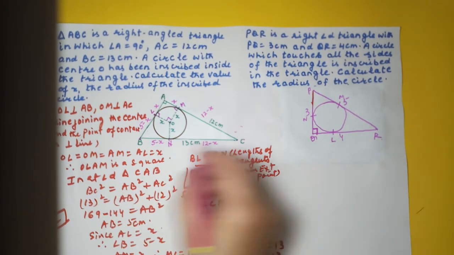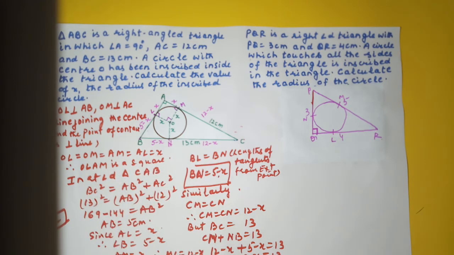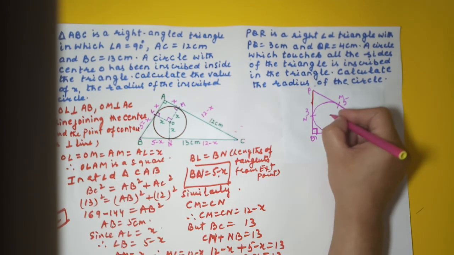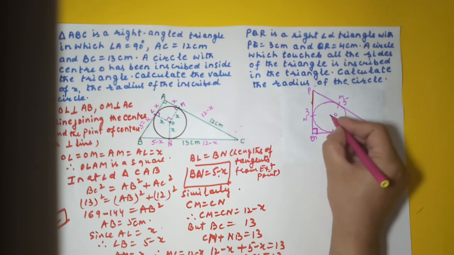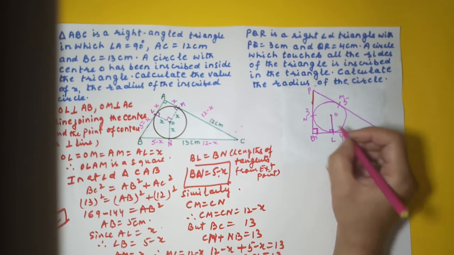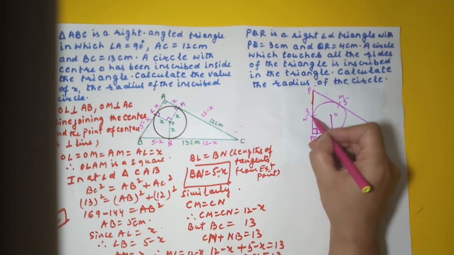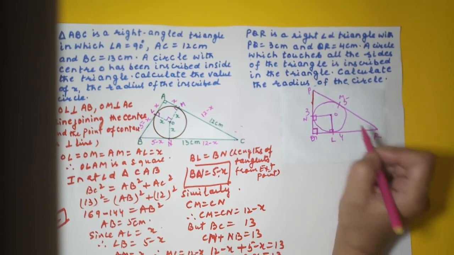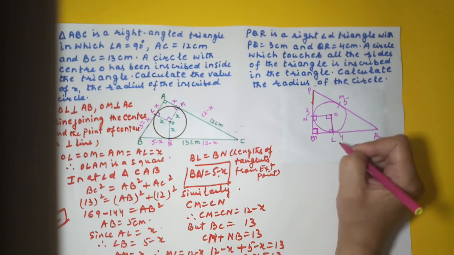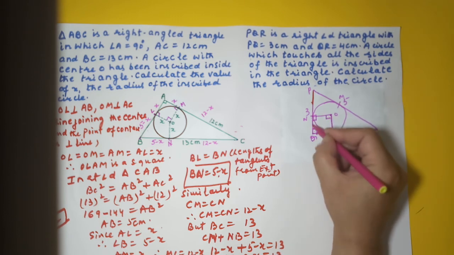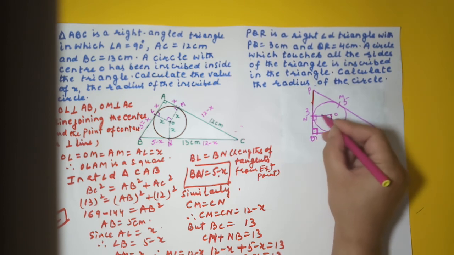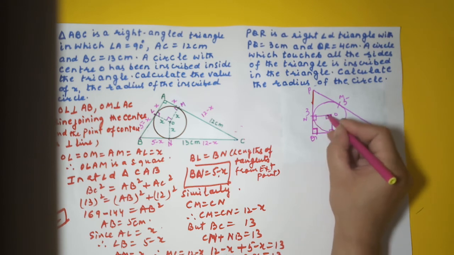Now this is almost the same. We have to calculate the radius of the circle. Let the center of the circle be O. So if you join OL, it will be 90 degree. This is already 90 degree. If you join this, this will be 90 degree. Automatically this will be 90 degree, because in a quadrilateral, four angles sum up to 360.